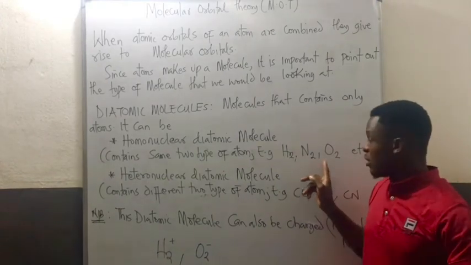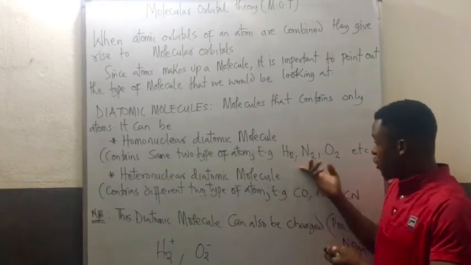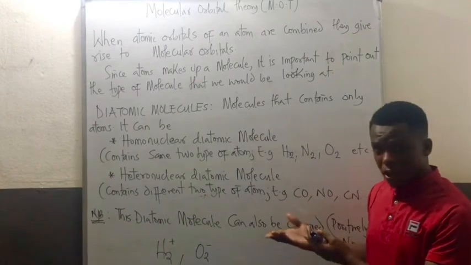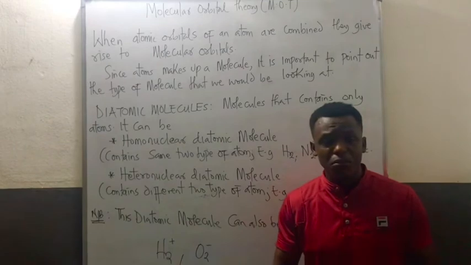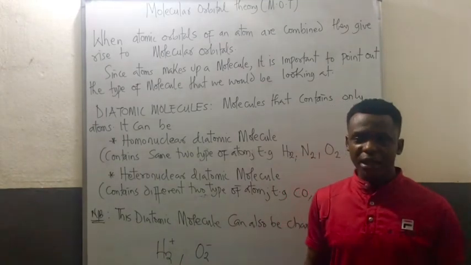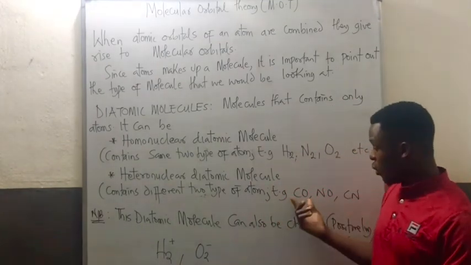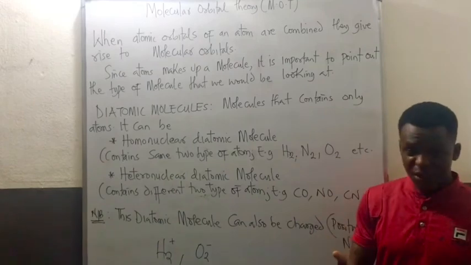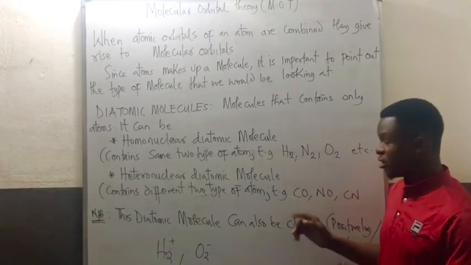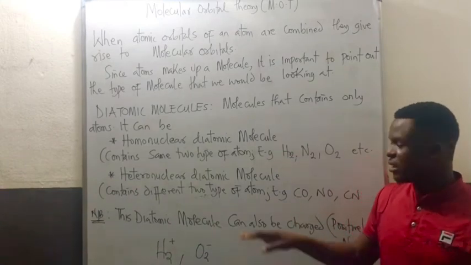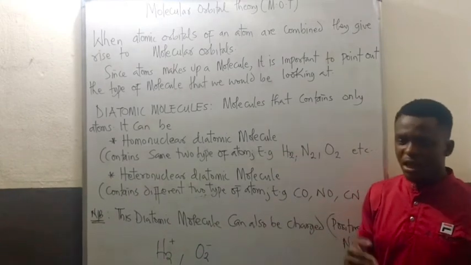Nitrogen, N2, and oxygen, O2, belong to homonuclear. Now we move down to heteronuclear. Very simple, it simply means a diatomic molecule that contains two different atoms, the likes of CO, NO and CN. It's very obvious. In this case, this molecule contains carbon and oxygen. They are of different types. So these are the types of molecules we refer to as heteronuclear.